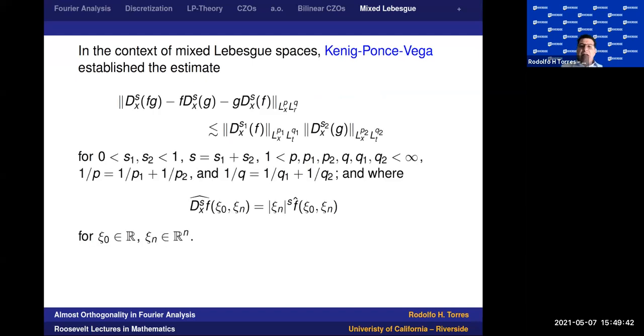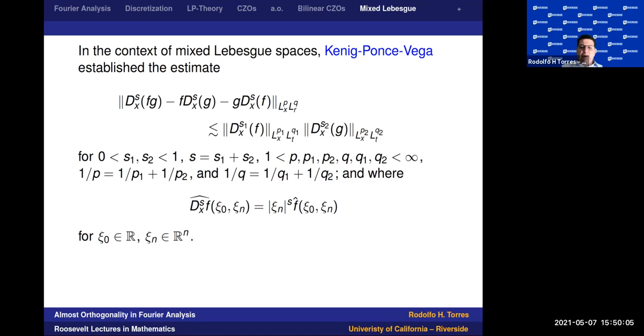I'm trying to prove a Leibniz rule estimate in this context. There were already some by Kenig, Ponce, and Vega, written in a different form. Rather than estimating the derivative of f times g, they estimate the difference between the derivative of f times g minus f times the derivative of g minus g times the derivative of f.